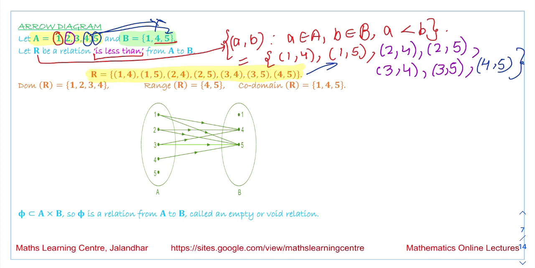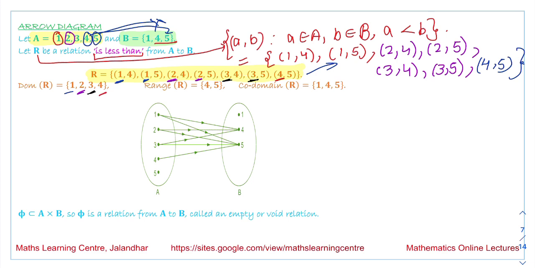Now the domain of this relation is these elements: 1 over here, the next element 2, the next element 3, and then 4 over here. So this is the domain of this relation.